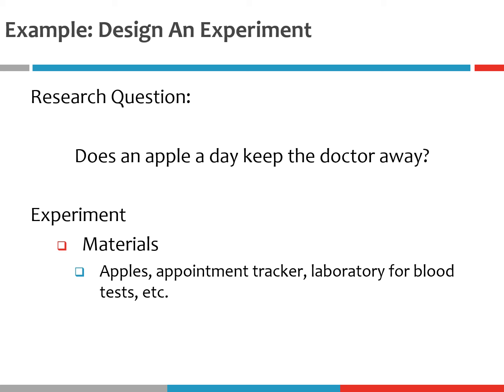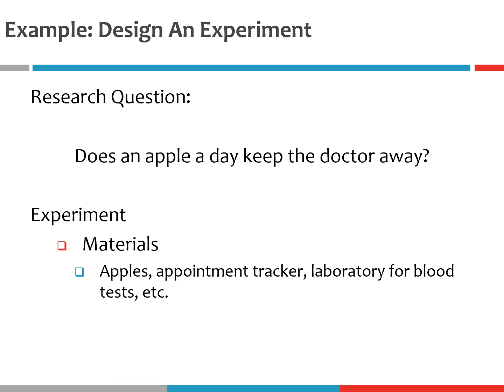Materials, this is a fairly easy one for this example. So obviously if we're doing apples, we would want to have 6 weeks worth of, what would it be, 42 apples per person, or at least a scale to weigh each apple to make sure they're the same size. So we would need 42 Honeycrisp 0.33 pound apples per participant.